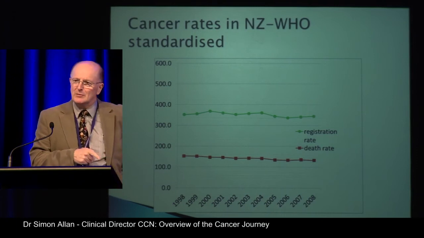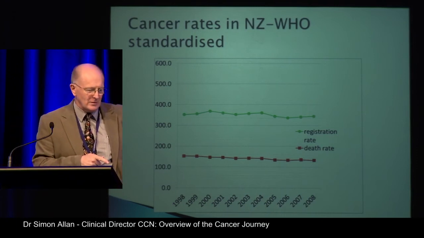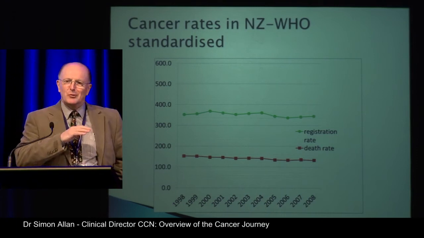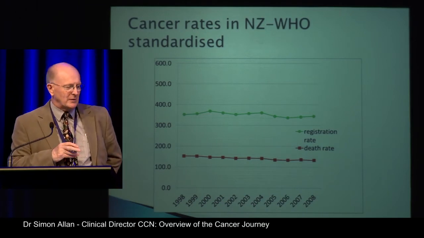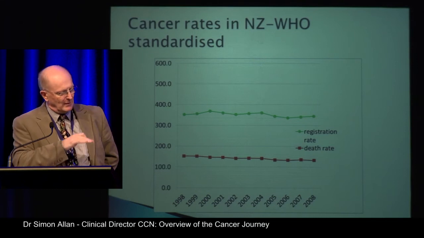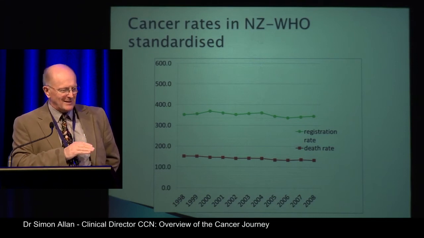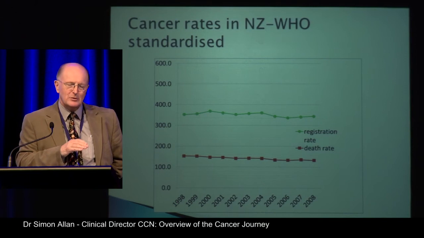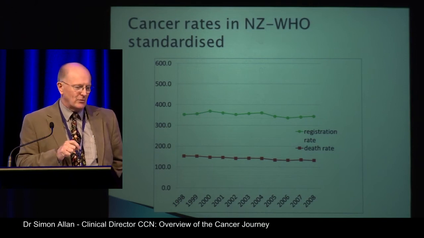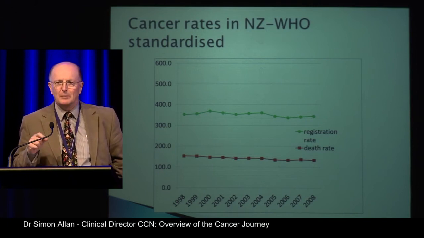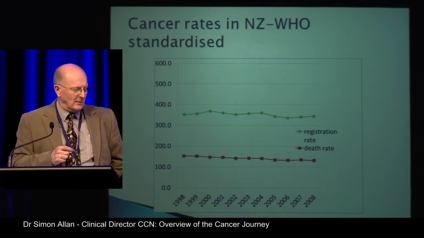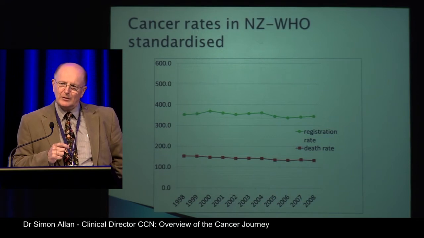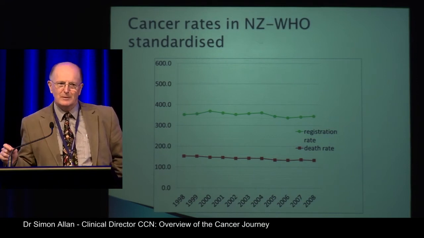So, what's happening in terms of cancer in New Zealand at the moment? So, I'm doing fancy statistical gizmos on this and making comparisons with worldwide figures. Basically, the top line in green shows that the registration rate for cancer is not going up and up and up and up and up, like some people think. And the death rate for cancer is coming itsy-bitsy down, which is a good thing.